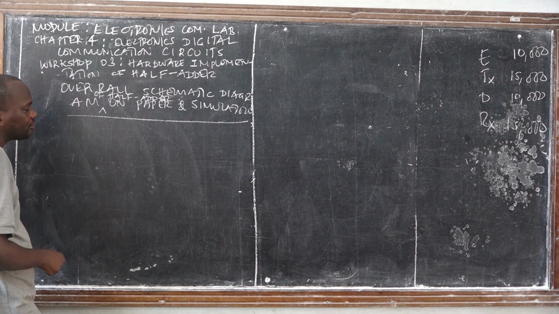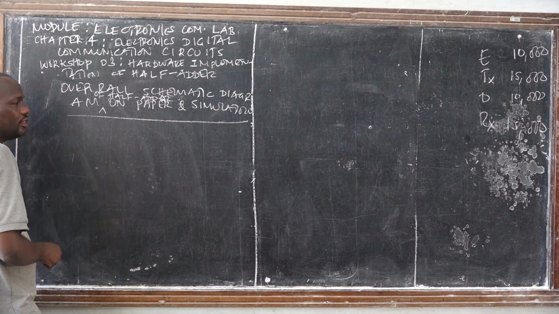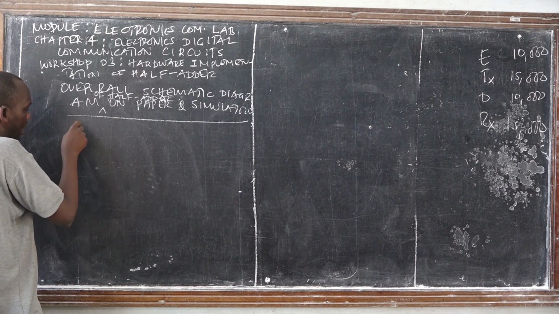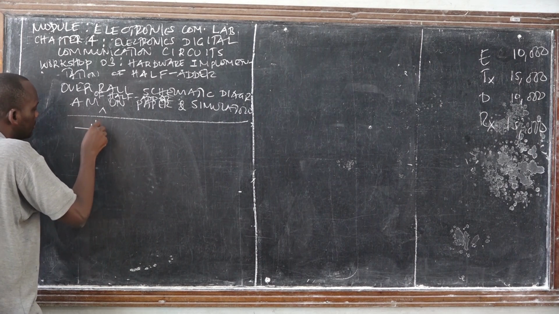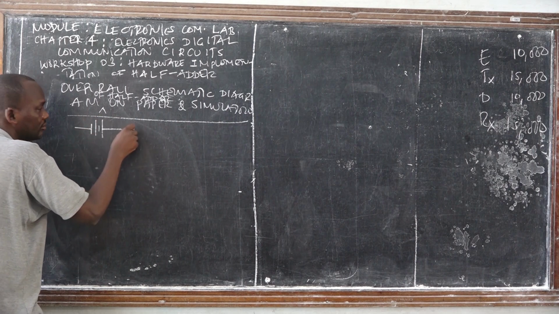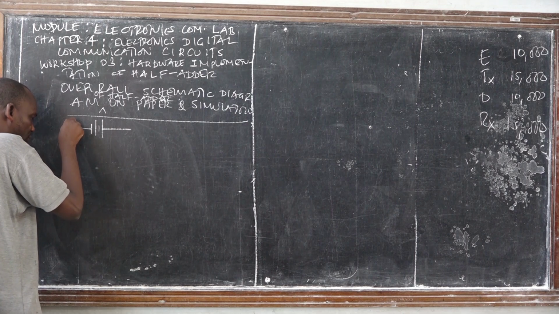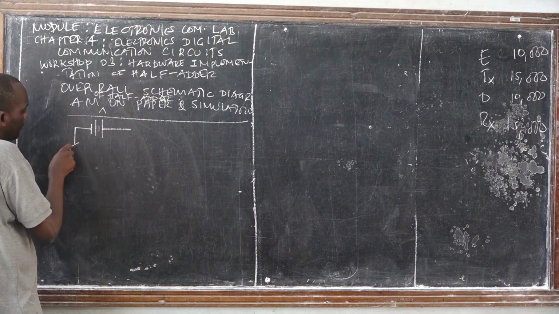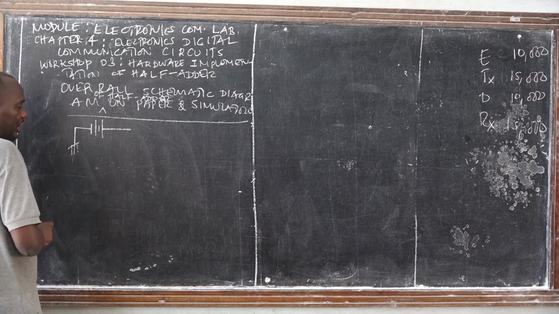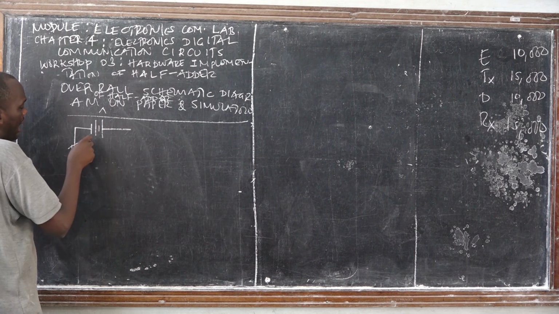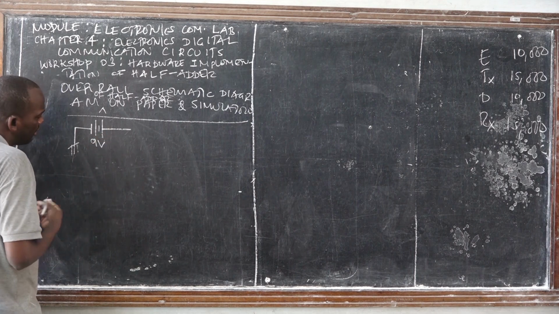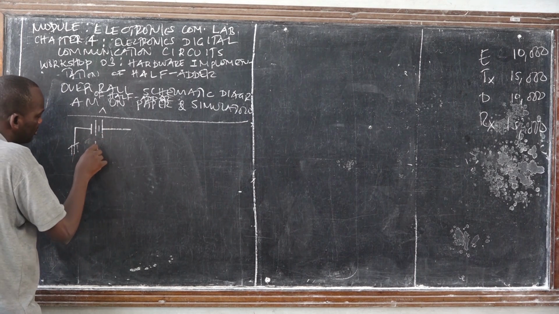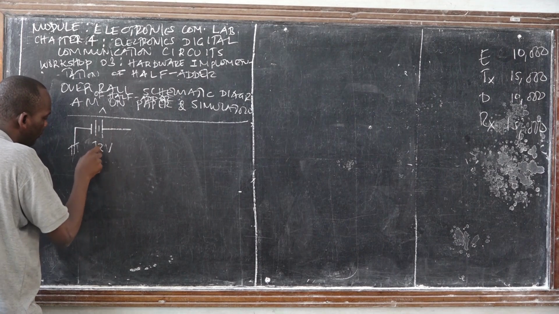So listen, for this case, we are going to use a battery. In simulation, we have a battery of 9 volt. No, the default is 12 volt. In simulation, 12 volt.